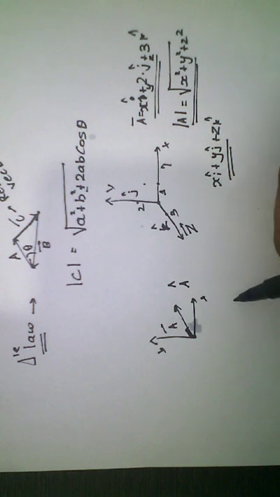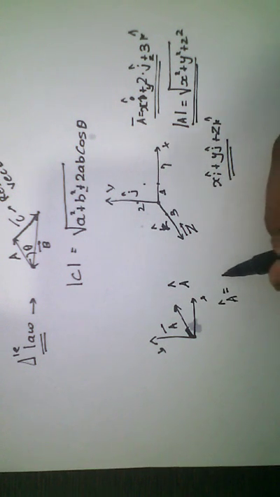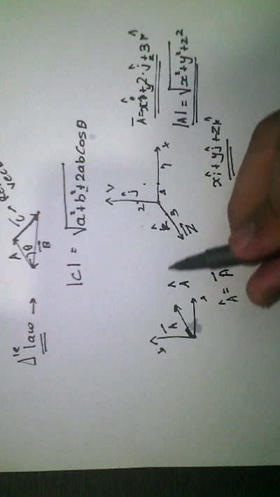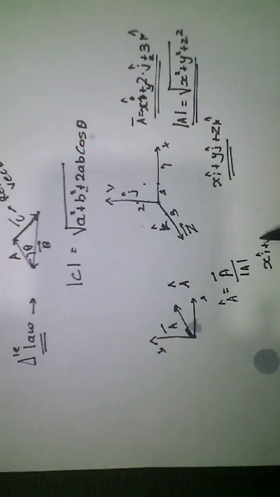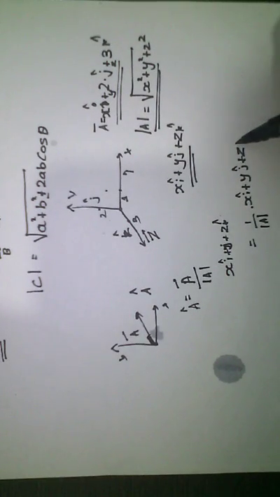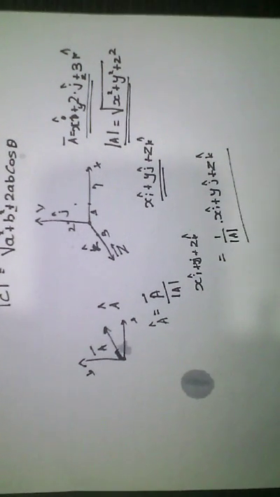The formula for that is a cap equals a bar, its original vectorial form, divided by its magnitude. So a bar is xi cap plus yj cap plus zk cap, so a cap equals 1 upon mod of a into xi cap plus yj cap plus zk cap. So this is actually the unit form of the vector.